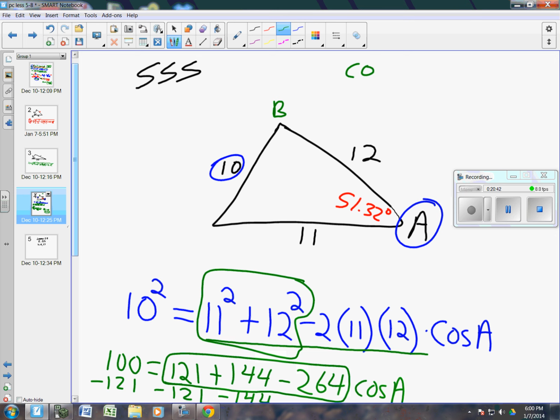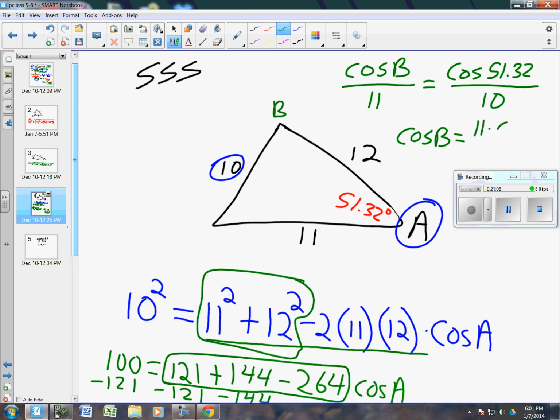We're going to go cosine of B over side opposite, 11, equals cosine of A, which is 51.32 degrees, over 10. And times both sides by 11. So I have cosine of B equals 11 times the cosine of 51.32 over 10.